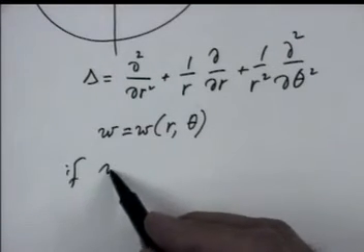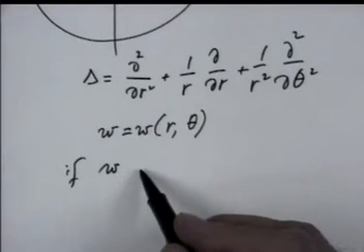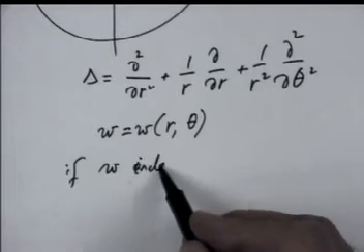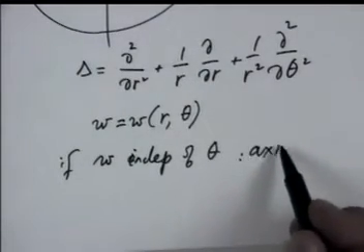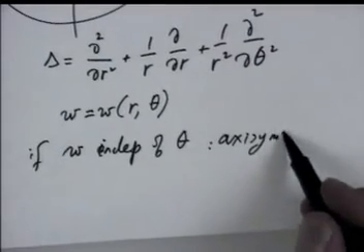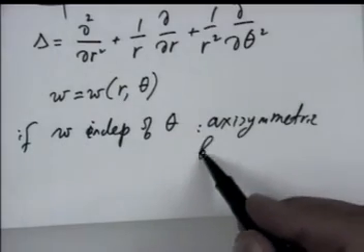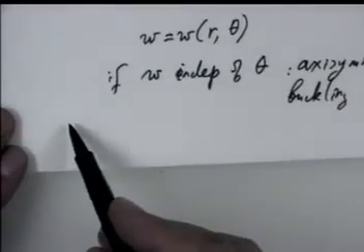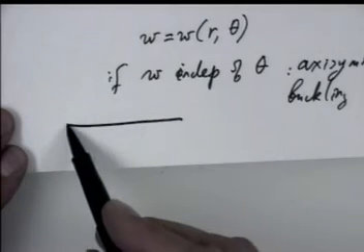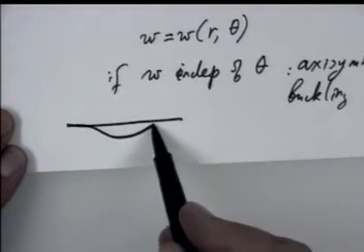If w is independent of theta, we talk about axisymmetric vibration, axisymmetric buckling. Axisymmetric buckling means that if I look here, it looks like this, and that means that in any theta direction, we see the same picture.